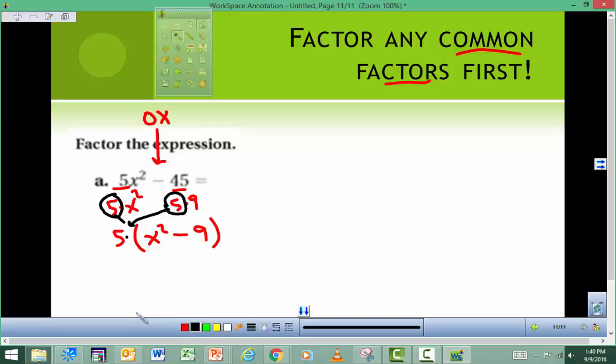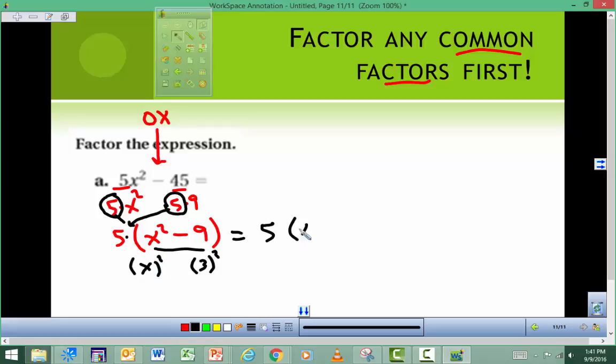It's cold, guys. Okay, so can we factor this one now? Can you do it now? That is a difference of 2 squares, right? That's going to be your x squared, and that's going to be your 3 squared.